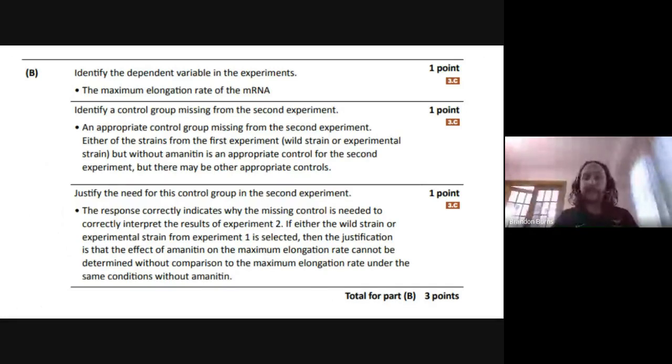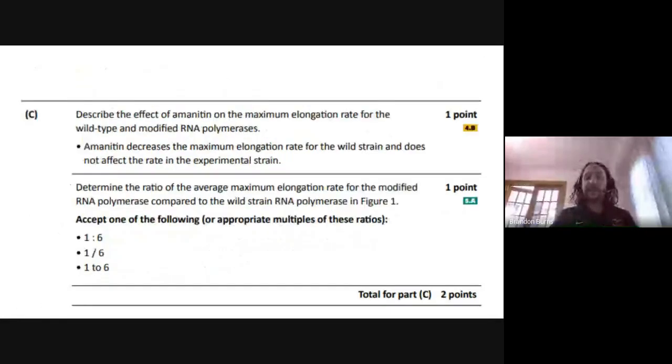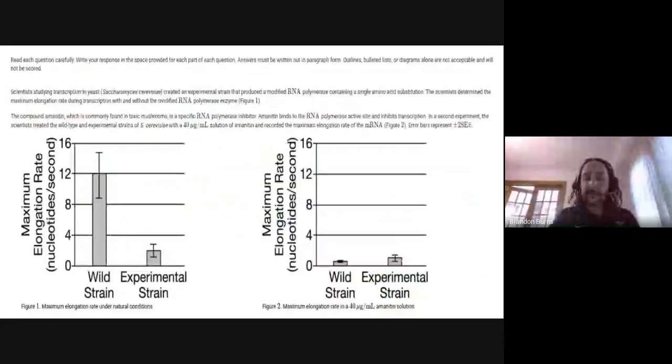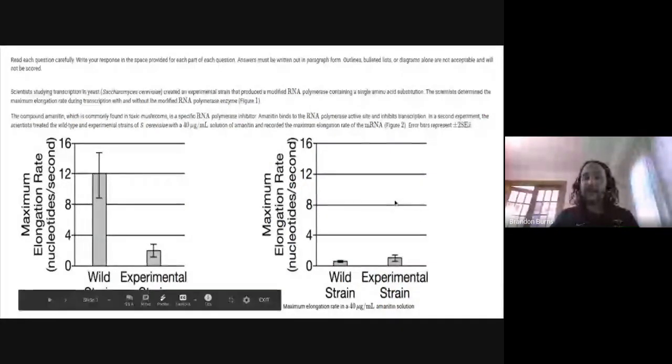You need to identify a control group missing from the second experiment. And this question catches students. When this was delivered on the AP test a few years back, very few people earned that point. And the reason they didn't earn that point is because they looked at this experiment and they were like, well, you've got these, so this is your control, so what control is missing? And what they failed to consider is these graphs represent two different experiments.